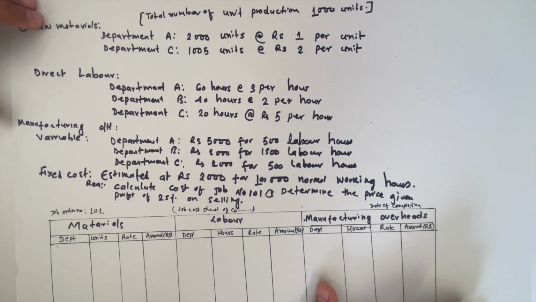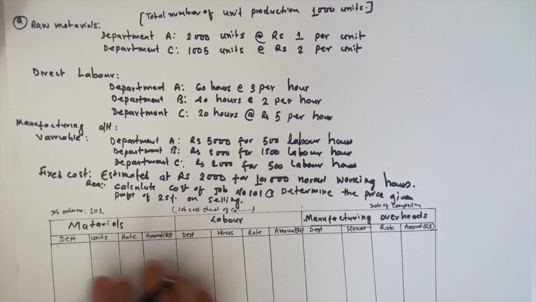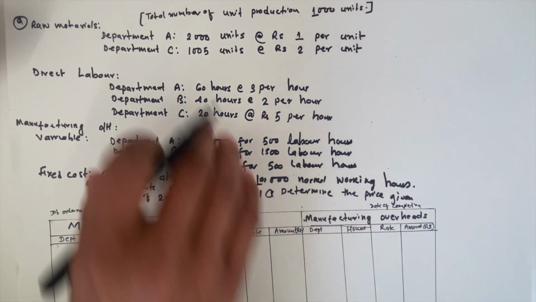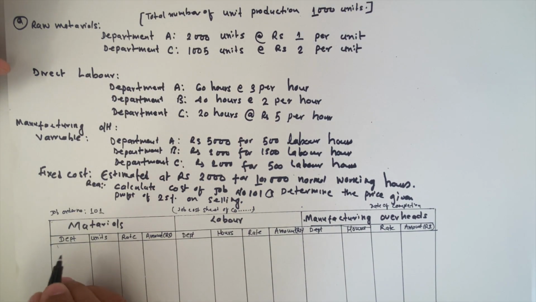This is quite a big and calculative process. So there are three columns here: material, labor, and manufacturing. So simply jot down all of the information in the answer sheet.